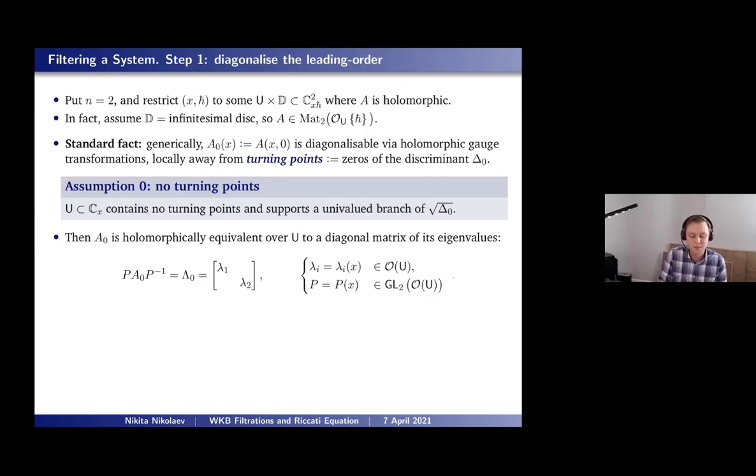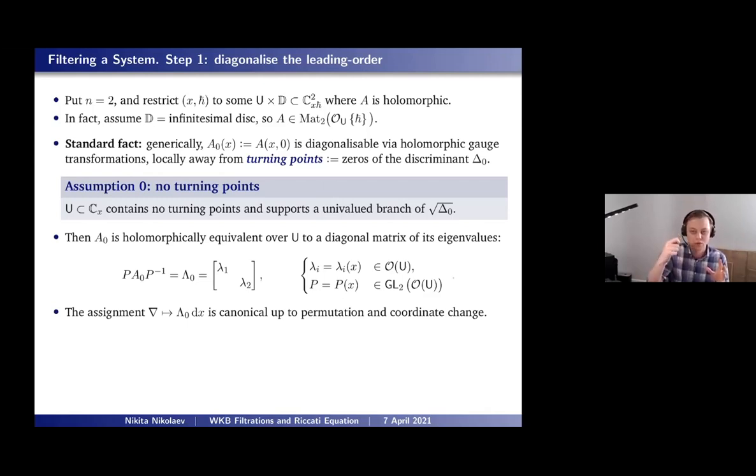This diagonal matrix lambda naught is of course unique up to permutation. So this operation of taking my system and assigning this diagonal leading order part is canonical, in the sense that it's not affected by coordinate change or automorphisms, up to permutation.